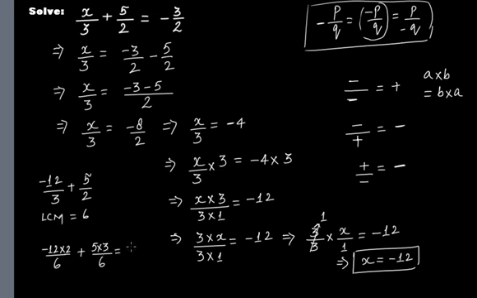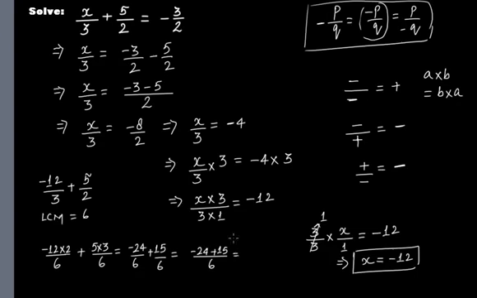Now this becomes minus 24 divided by 6 plus 15 divided by 6, right? If you solve this, you get 6 as the denominator and minus 24 plus 15.